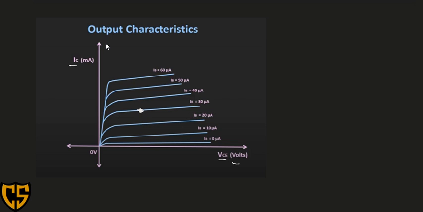Considering, for example, this value is 5 volts, and this value here will be equivalent to 10 milliamperes. So this point is what we refer to as our operating point. This will be our operating point, also referred to as our Q point.